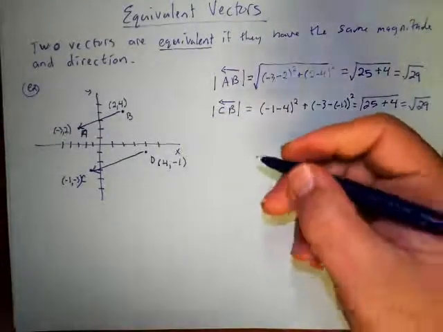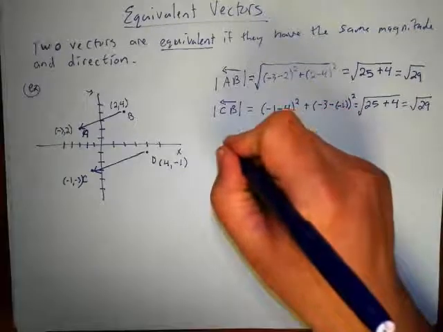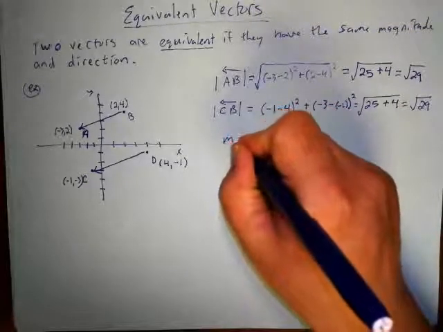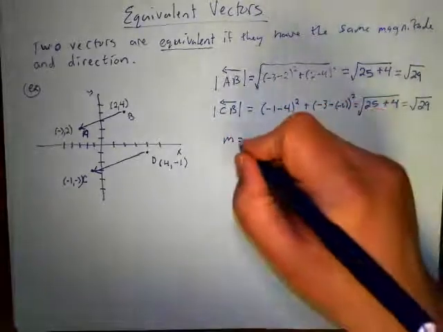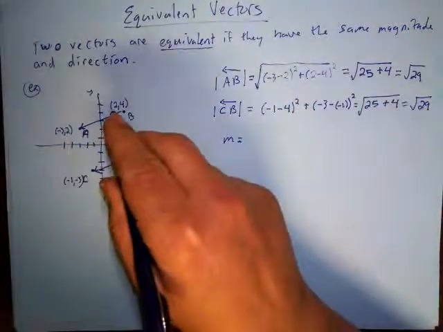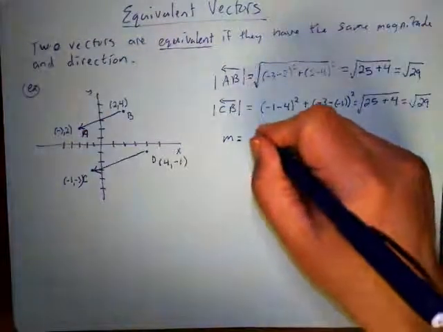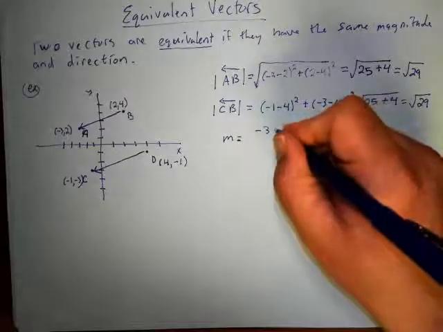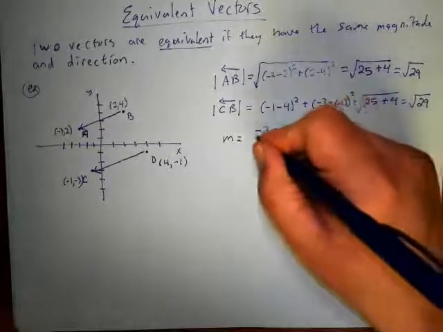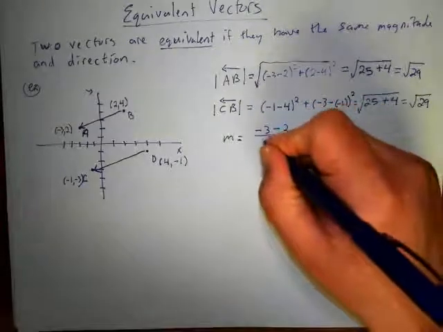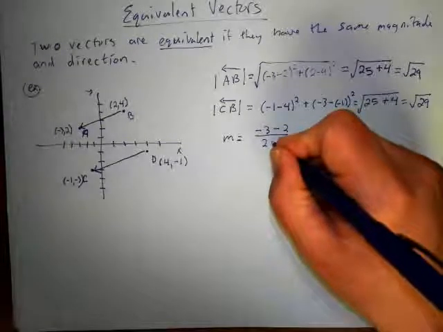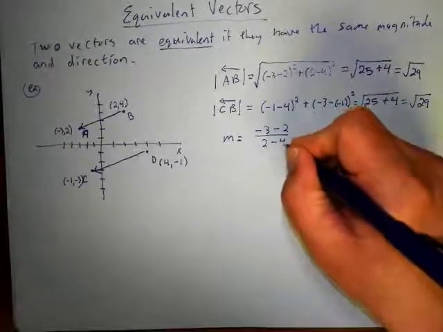Now we check to see if they have the same slope. For the first one, the difference in the x values, -3 minus 2, over 2 minus 4.